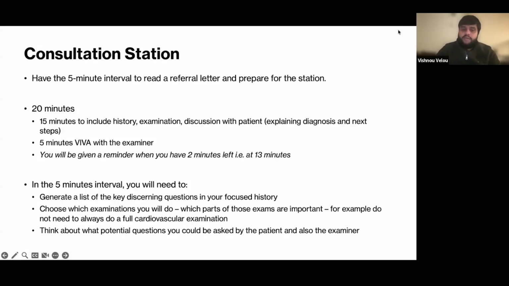If the patient has only one system as a problem, then you could do the full examination of that system. But if you expect yourself to do a full neurological exam, cranial nerves, upper limb, lower limb, as well as take a history and discuss with the patient, all in 15 minutes, you're setting yourself up for quite a difficult task.